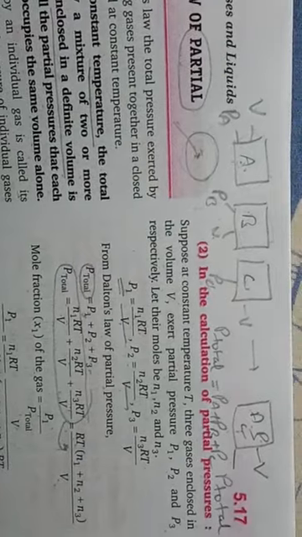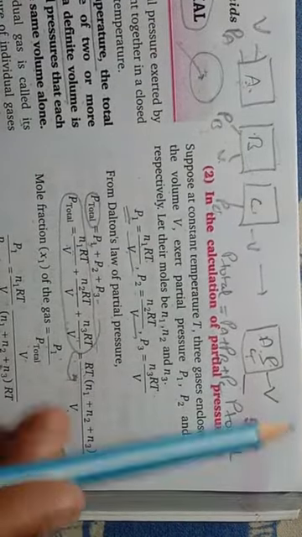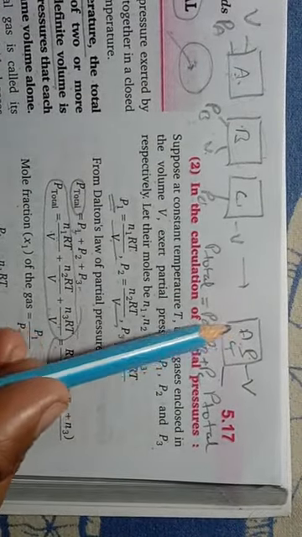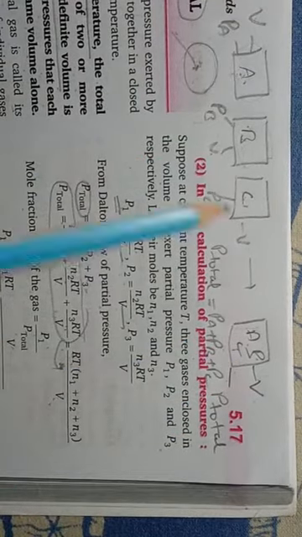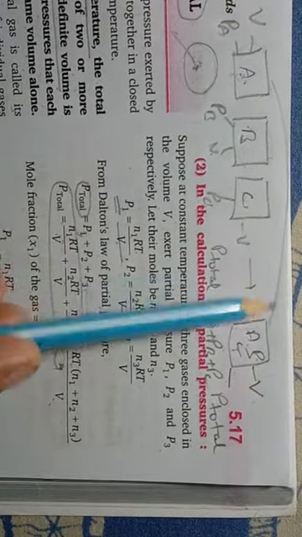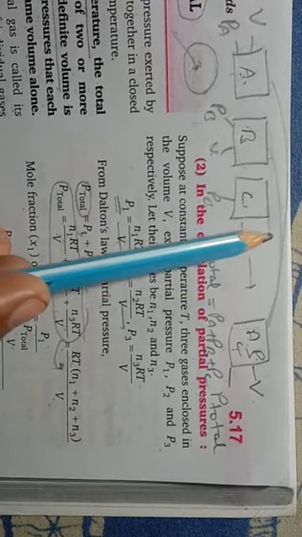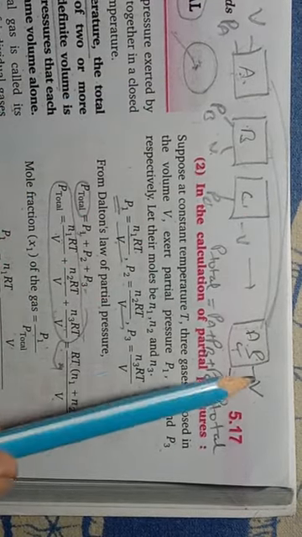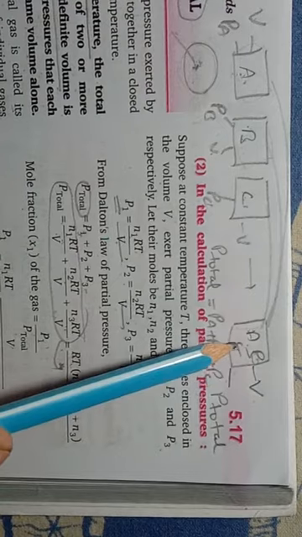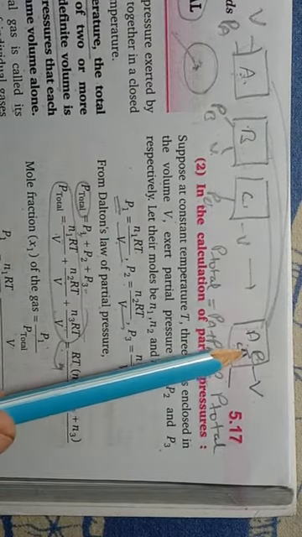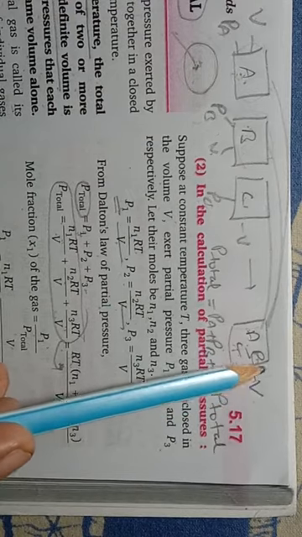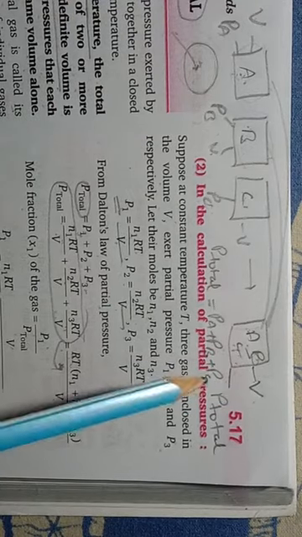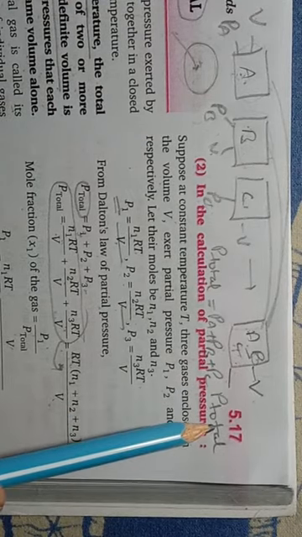Then we have one more vessel of volume V, and in this vessel we mix all these three gases together. A, B and C are mixed here. Let in the mixture condition, the vessel of volume V have pressure P total.